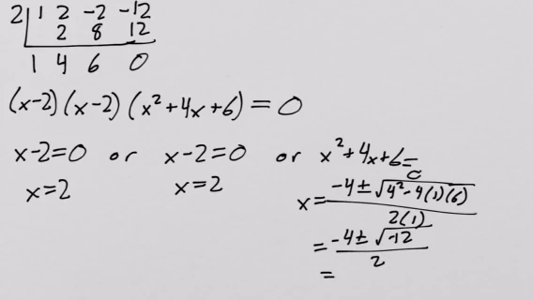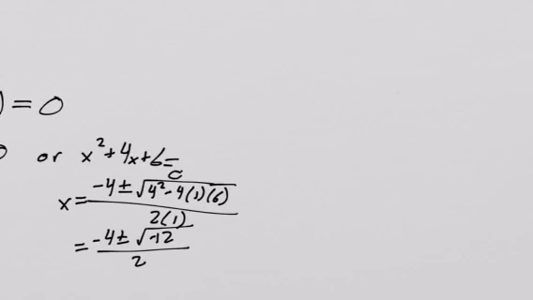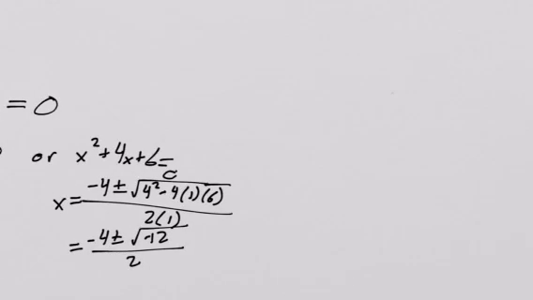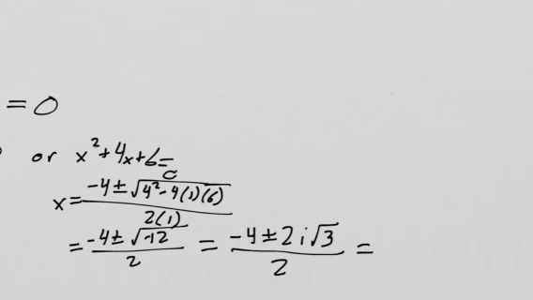And then further simplification, negative 4 plus or minus 2i root 3 over 2, and then factoring out the 2 and dividing, I get negative 2 plus or minus i root 3.